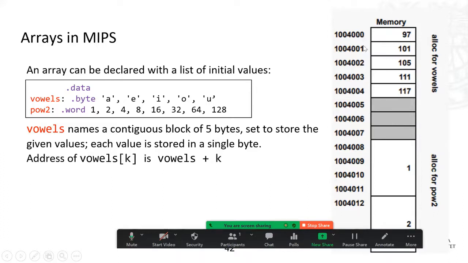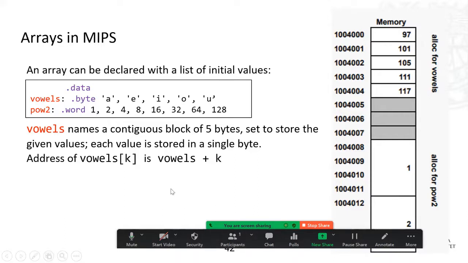So here 0 is occupied, 4 is occupied, so they will come to 8. So the first element in the POW2 array is stored here. You see it occupies 4 bytes. Although its number is small, it occupies 4 bytes because of its type. And the next element occupies the next 4 bytes, and so on and so forth.